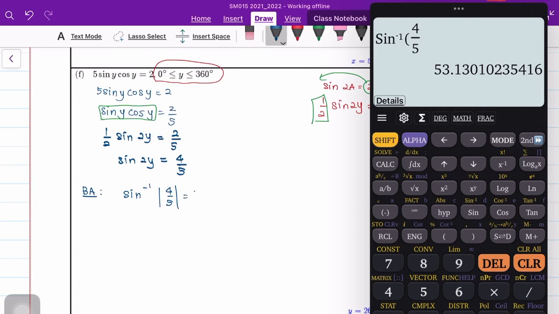Then quadrant. Sign is positive, so first and second quadrant. So this is our 53.13, and here.